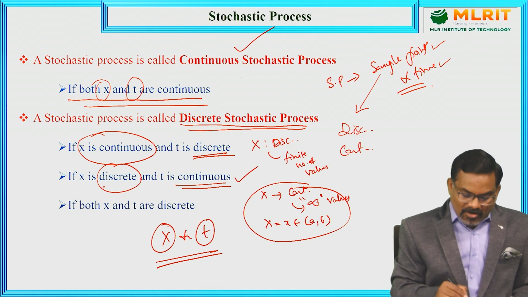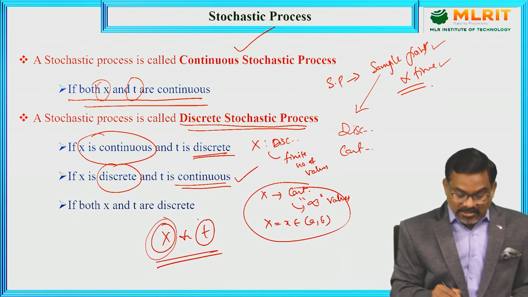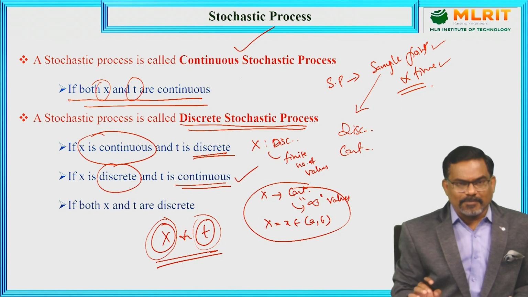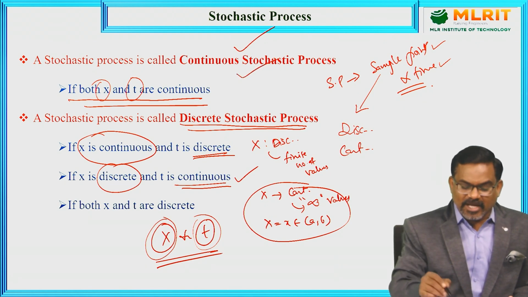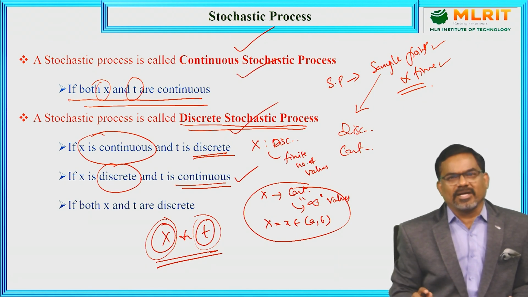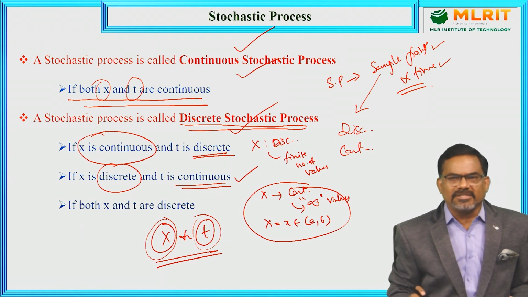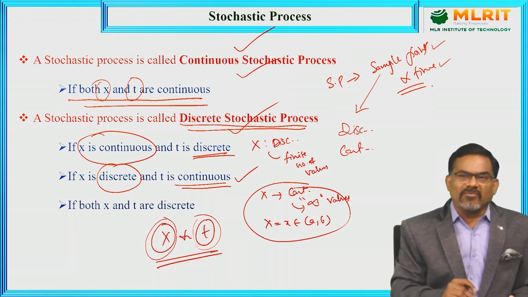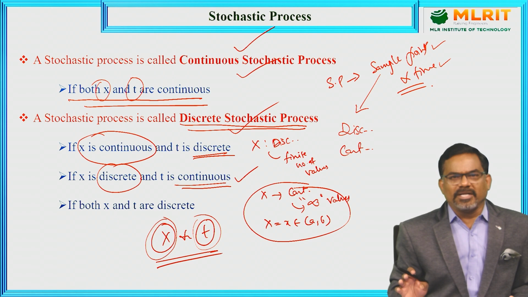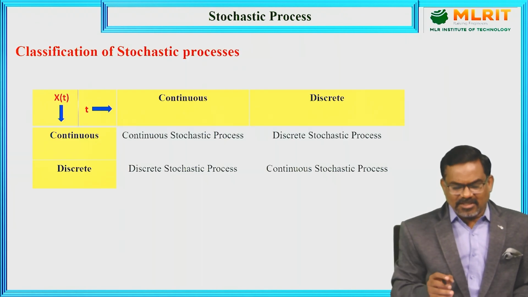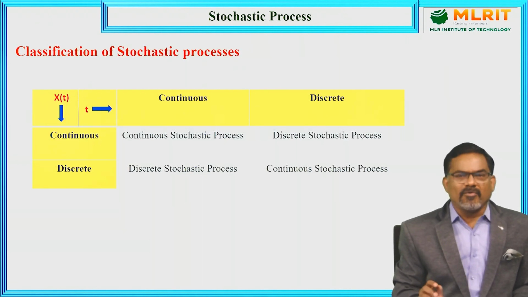So depending on the sample point x and the time t, the stochastic processes are classified into 2 types, continuous stochastic process and discrete stochastic process. Continuous when both x and t are continuous, discrete if any one of these 2 is discrete, simply that comes under discrete stochastic process. So that classification is clearly given in the form of a table.